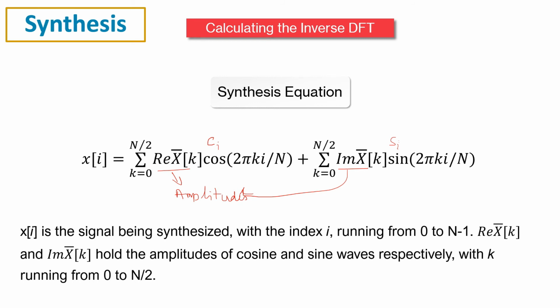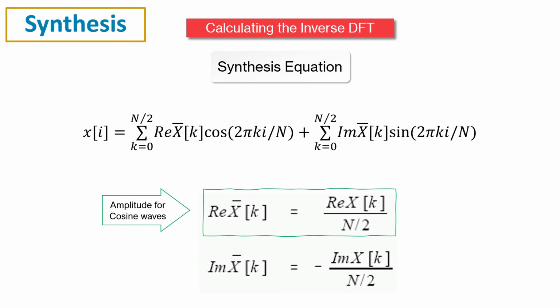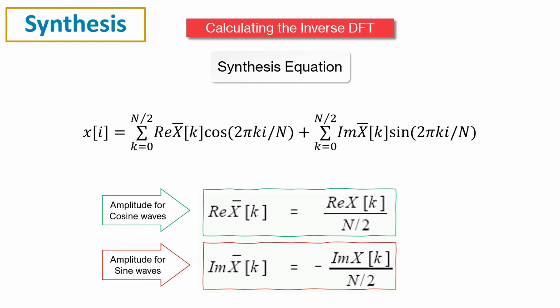We can find the amplitudes as we have seen in one of the slides previously, and how to calculate them is very simple. For the amplitude of the real part, that is the amplitude of the cosine waves, we divide Rex, which comes from the synthesis equation, the real part, by n over 2, half of the length of the signal.